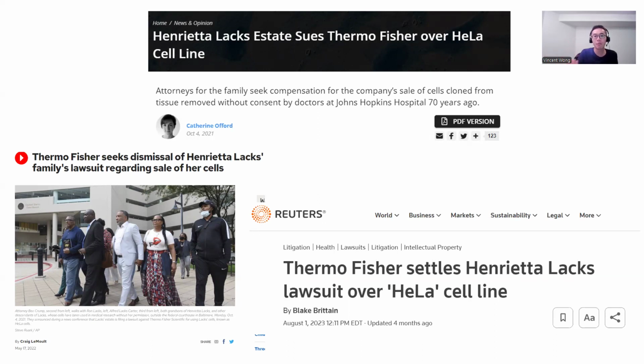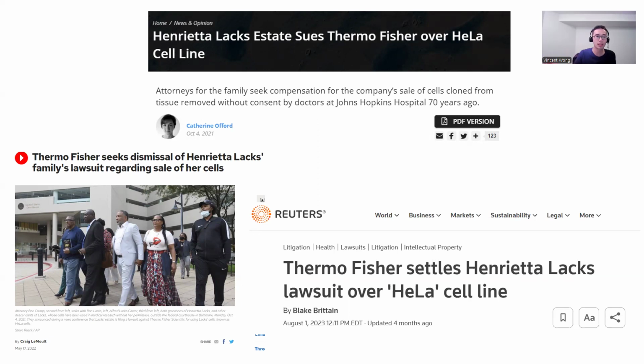Okay? They were seeking compensation, saying that they did not have her consent to basically commercialize her cells. Okay? And the cells are being cloned continuously to turn a profit.